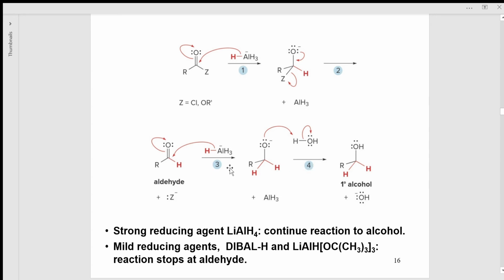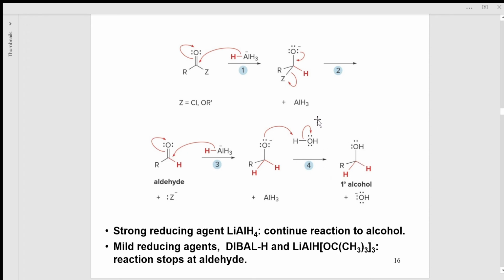The mechanism is a nucleophilic substitution reaction. The Z group is replaced by hydride. In this case, for the acid chloride or esters, it is a substitution reaction because Z is gone, whereas for aldehydes or ketones there is a nucleophilic addition reaction. So with a strong reducing agent the final product is alcohol.